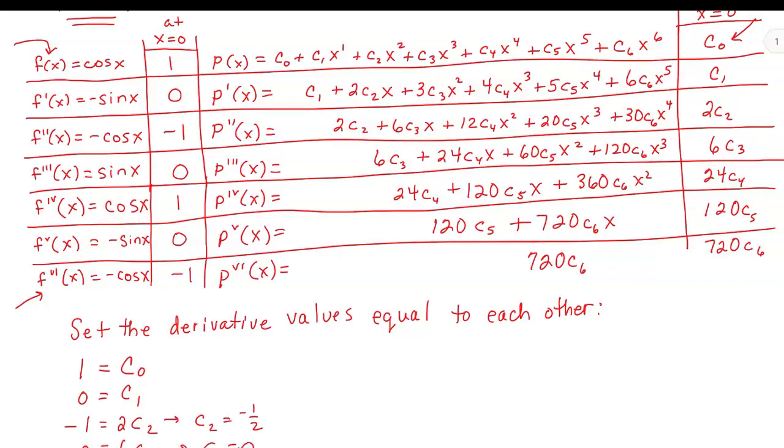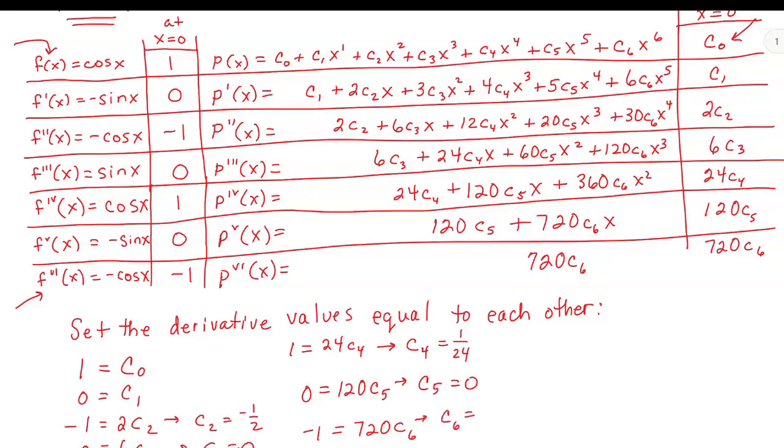Next, we have 1 equals 24 c sub 4, which means the coefficient c sub 4 is 1/24. Then 0 equals 120 c sub 5. Obviously, then c sub 5 is 0. Last one is negative 1 equals 720 c sub 6. So that tells us c sub 6 is negative 1 over 720.